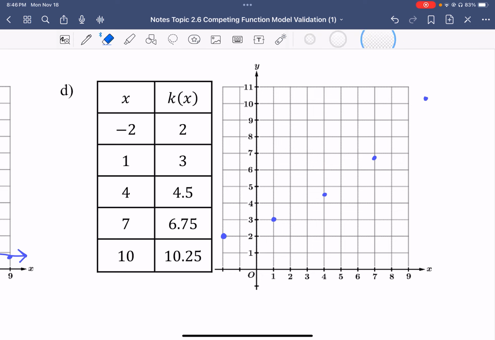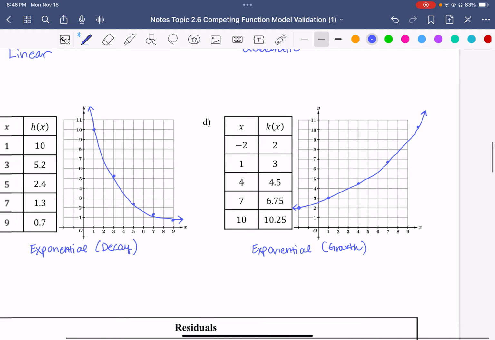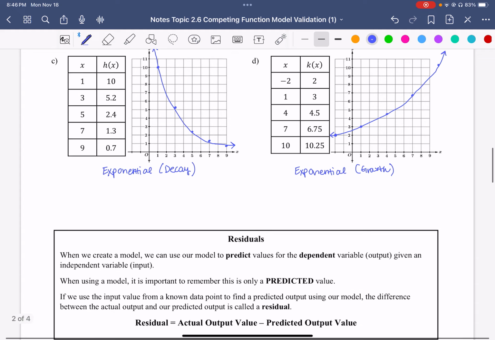So instead of a linear, I think this would best be modeled by an exponential because you can see that it's a little bit more curvy than a straight line. Okay, and then more specifically, this would be exponential growth because it is increasing. They didn't ask to specify whether it was growth or decay, but it's a good refresher.